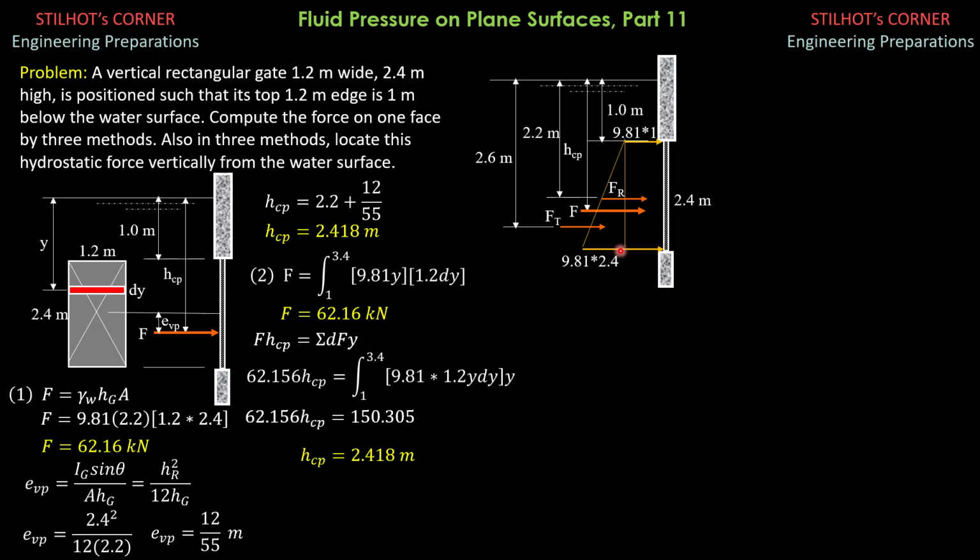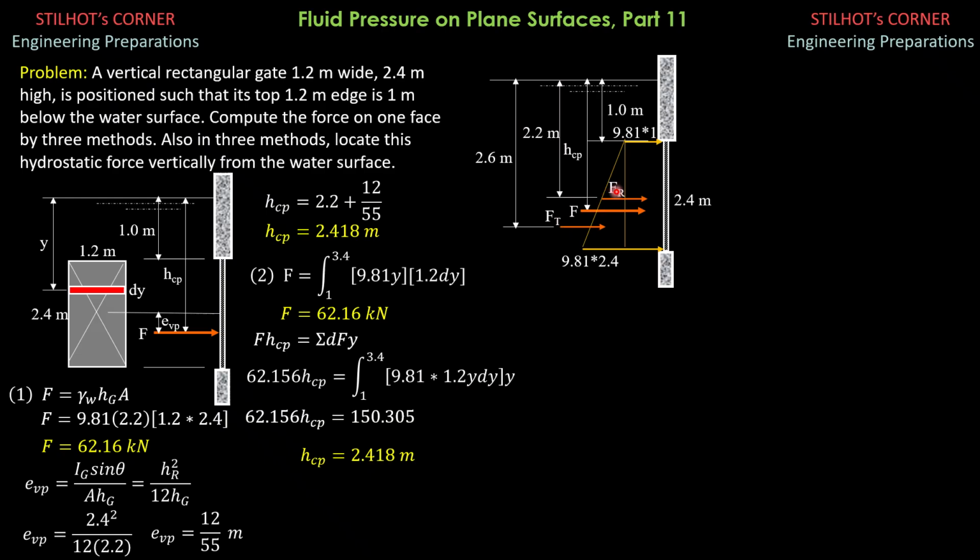The volume is area times width perpendicular to the screen, which is this 1.2 meters here. So we divide this pressure diagram into two parts, the rectangular part, which I call F_R, and the triangular part, which I call F_T. So the total hydrostatic force is F_R plus F_T.